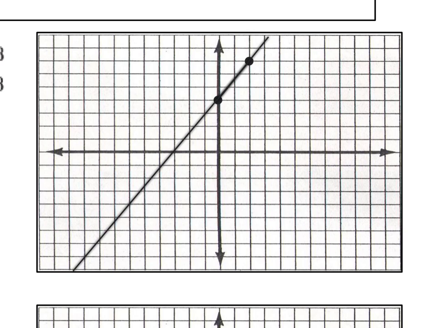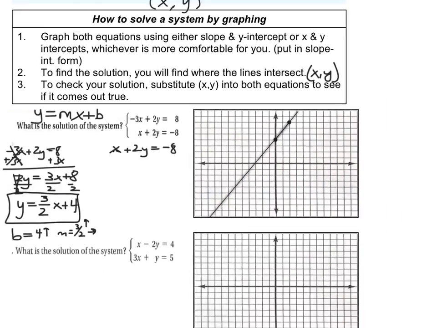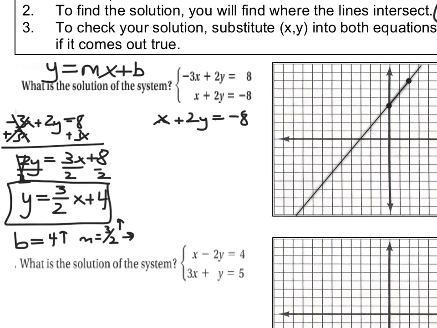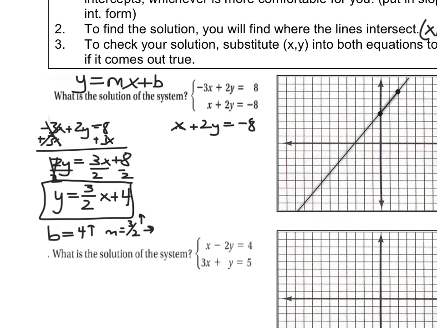So there's the very first line: y equals 3 halves x plus 4. I made that line black. I go up 4, put a dot, and then go up 3 and right 2.